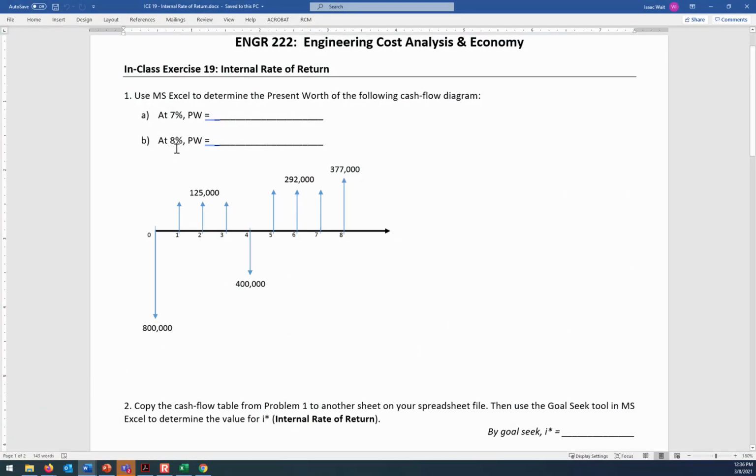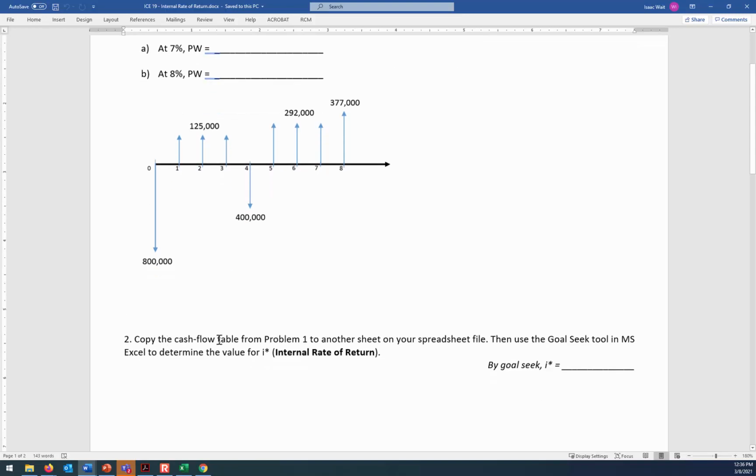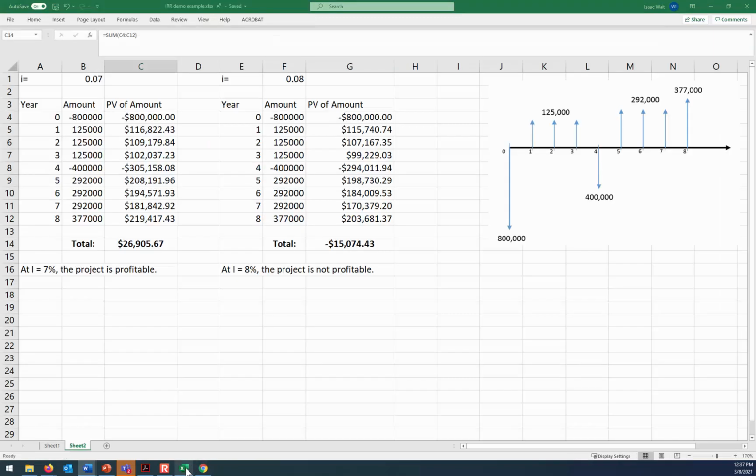Okay, so at 7% and 8% we calculated the present worth, but now it says copy the cash flow table onto another sheet and then use goal seek to determine the internal rate of return. So what I'm suggesting is just copy all of this into a different sheet.